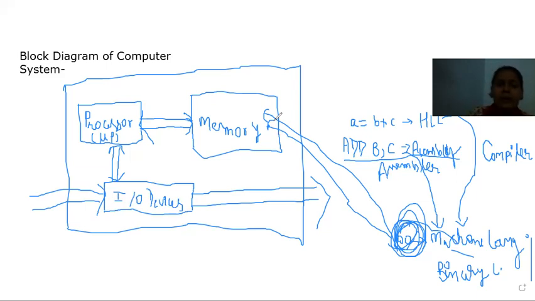But first of all, we have to convert our program into the machine language or binary language. So if program is in higher level language, then we will use the compiler. And if program is in the assembly language, then we will use the assembler to convert the program into the machine language.